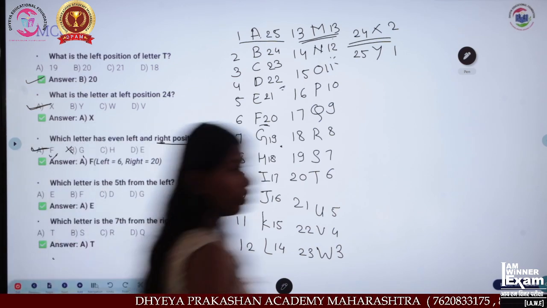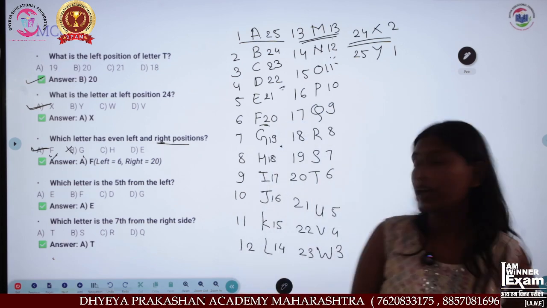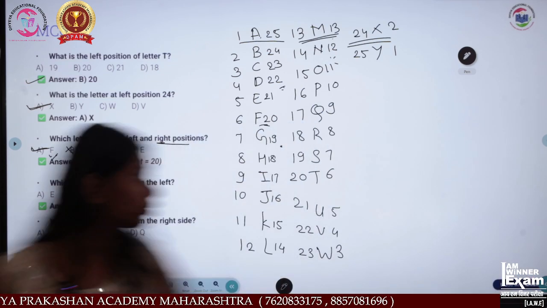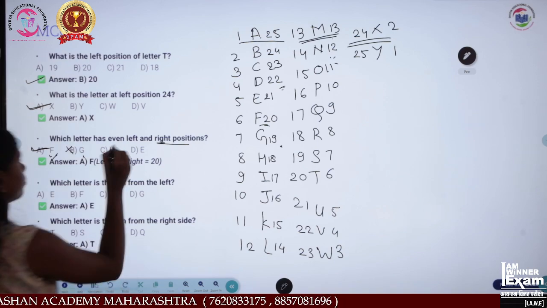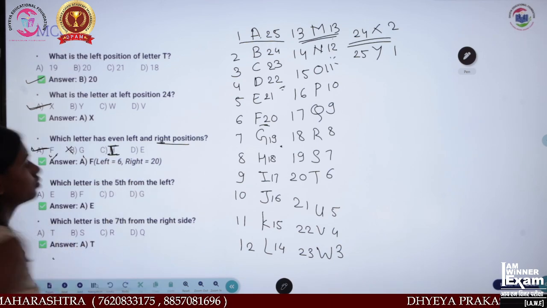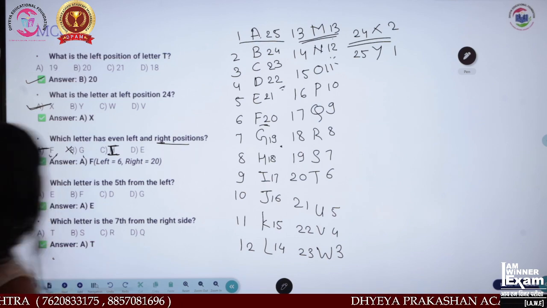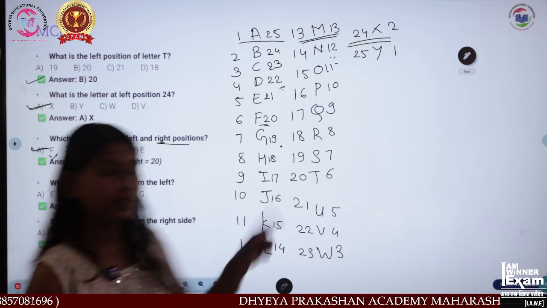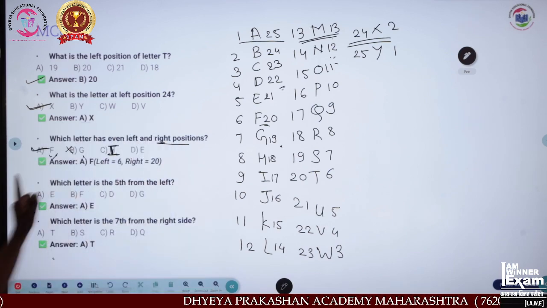Here the option should not be H, but I, which is a typing mistake. So what will be our correct option here? That is F. That is F.